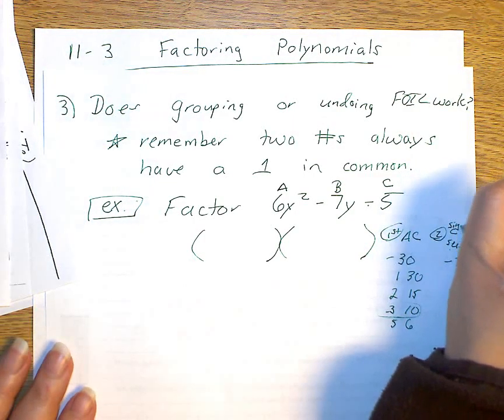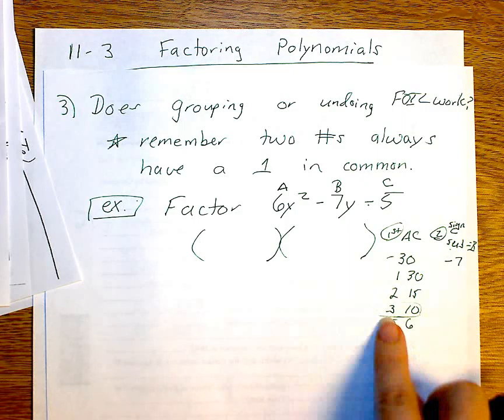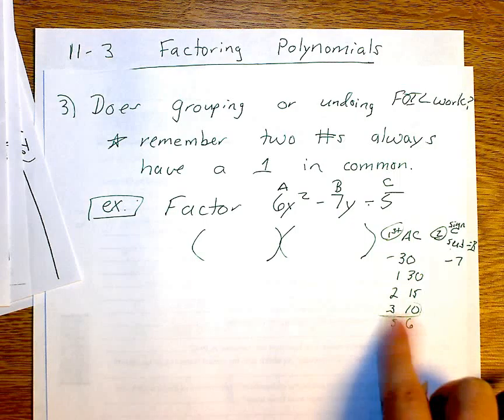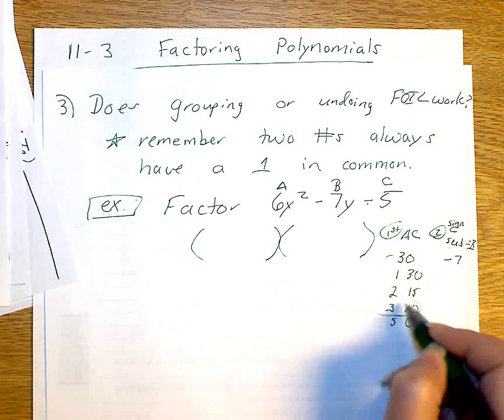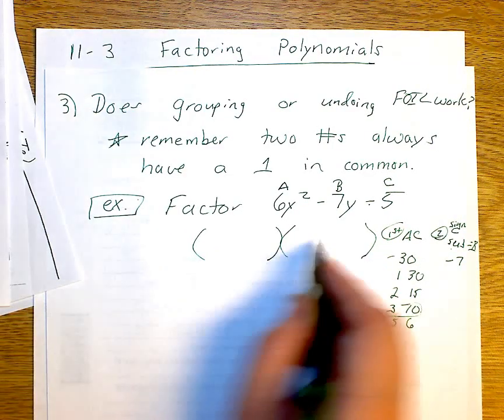Sign of C. Yep. So the sign of C tells me to subtract the two numbers to get me B, and B is -7, so that is 3 and 10. So which one is negative? 10.